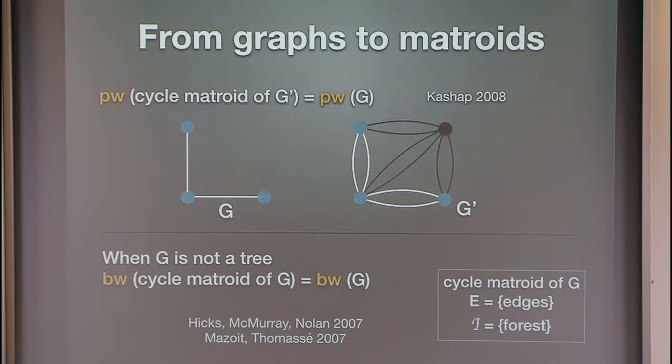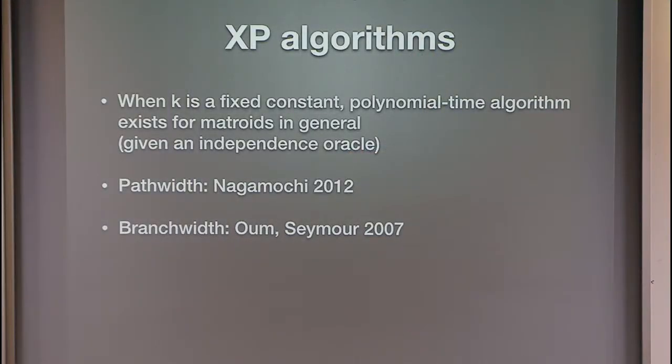The problem of computing pathwidth and branch width is interesting from the matroid point of view, and also because it's an extension of the width parameters that we are interested in as algorithm designers for graph theory. So what is known about algorithms for computing pathwidth and branch width?